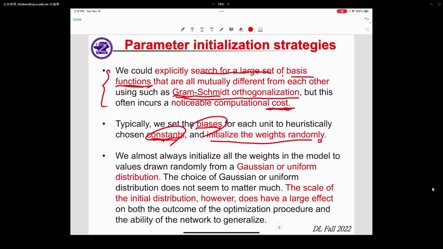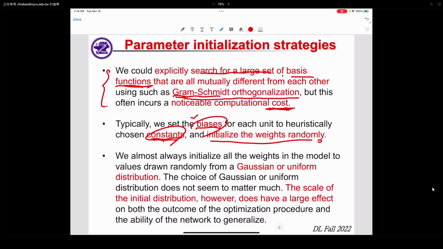Actually, the weights are more important than the bias. Of course, you can apply random or even orthogonal initialization to the bias, but you don't see that much gain for the effort. So we decide to use random values for weights.